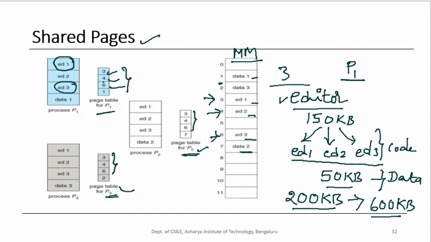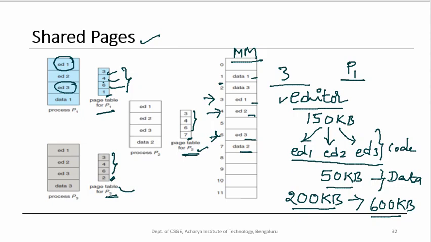Whereas we give them different frames for storing the data. For example, in P1, the data page is stored in frame 1. In case of P2, the data page is stored in frame 7, and in case of P3, the data page is stored in frame 2, and so on.